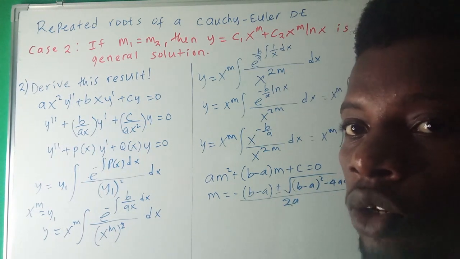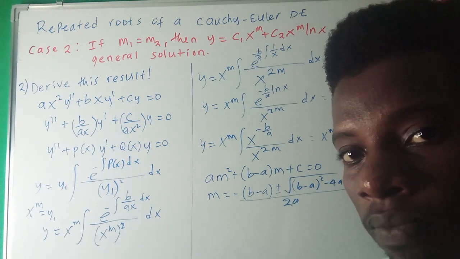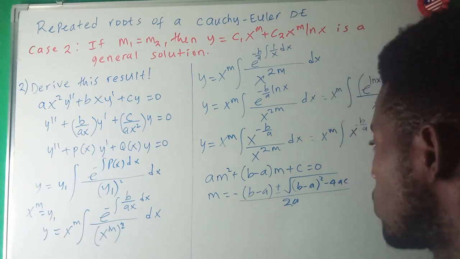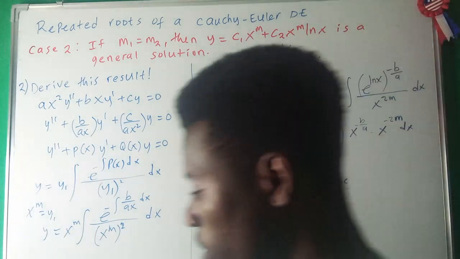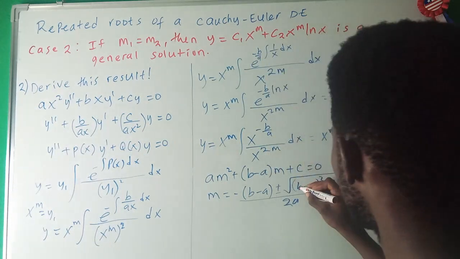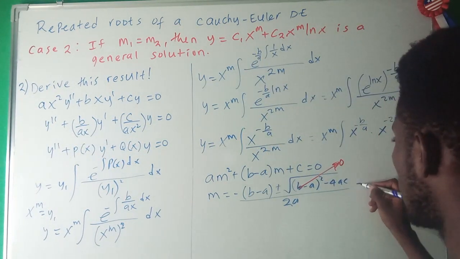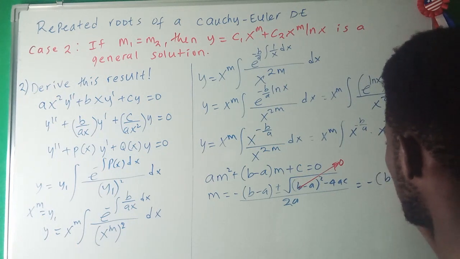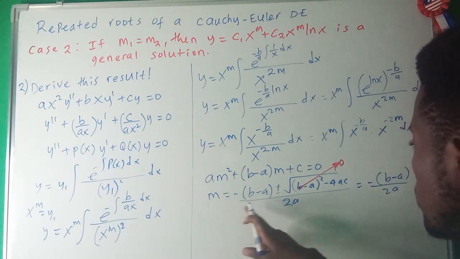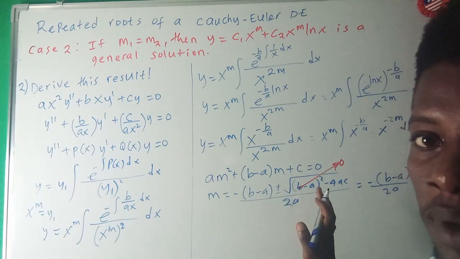But in this case, we assume that the roots are repeated. That means the discriminant is 0. So this entire thing right here goes to 0, and then we only have minus (b minus a) all over 2a. So this is the value of m for the repeated roots.